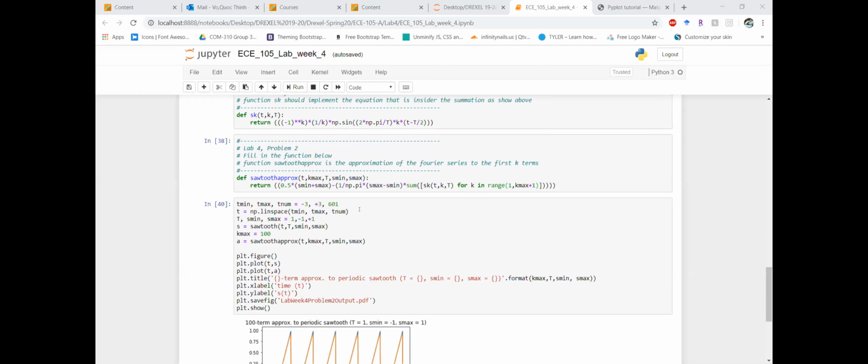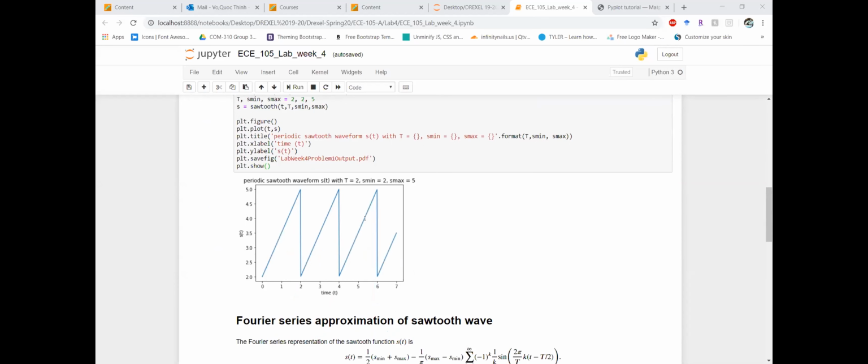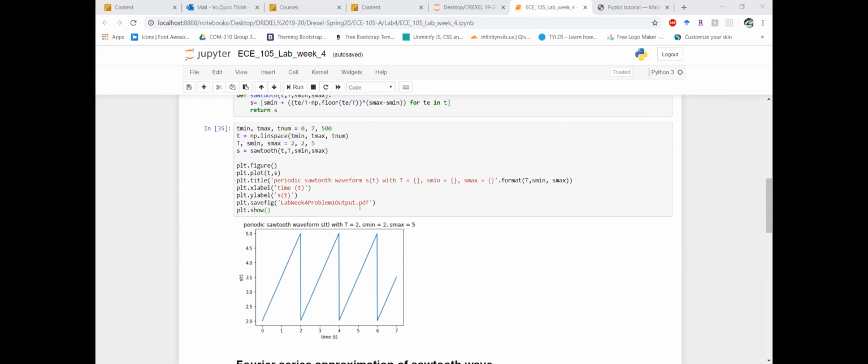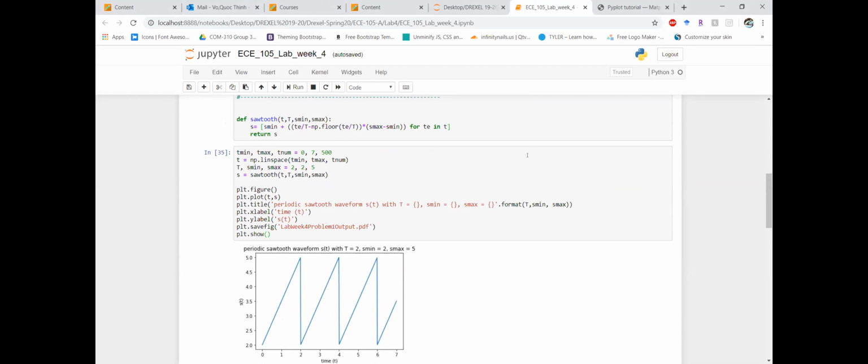Hi. Yeah. I think I got it done, but can you just take a look at it? Sure. So maybe there's something I can improve. Sure. Go ahead. So this is the first one. That's a sawtooth waveform. Okay. Hold on. S is equal to S. I realized that if I take out the loop here, it still returns the same thing.